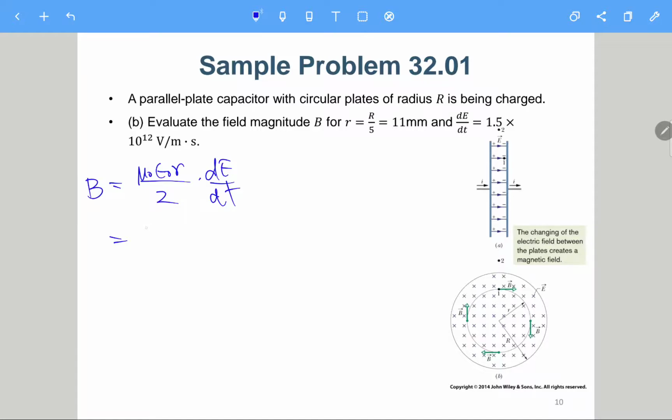Mu naught is 4 pi times 10 to the minus 7, epsilon naught is 8.85 times 10 to the minus 12, times r is 11 millimeters, 11 times 10 to the minus 3, all over 2, times dE dt, which is 1.5 times 10 to the 12th power.